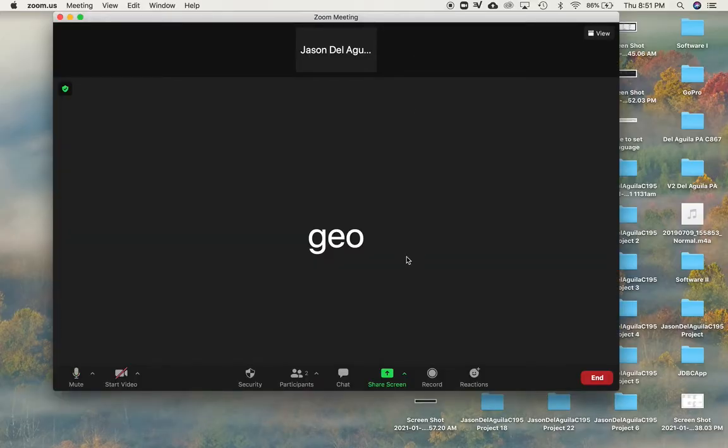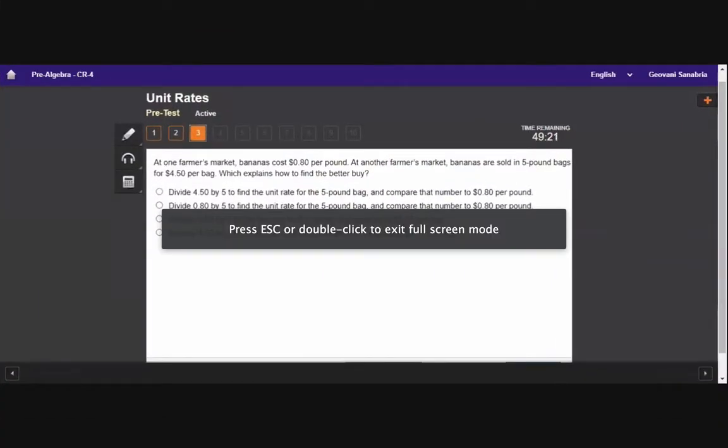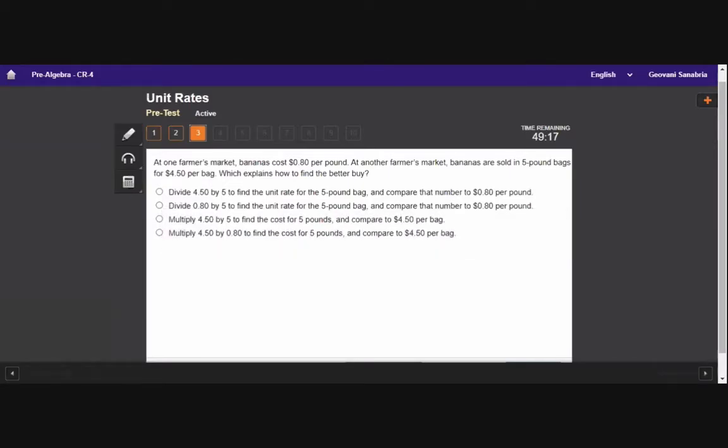Cool. So what are the explanations for? Because it's asking which one explains. I didn't even look at them. I was writing down the 0.80 and then 4.50. Which explains how to find the better buy? Divide $4.50 by 5 to find the unit rate for the 5-pound bag and compare that number to 80 cents per pound.